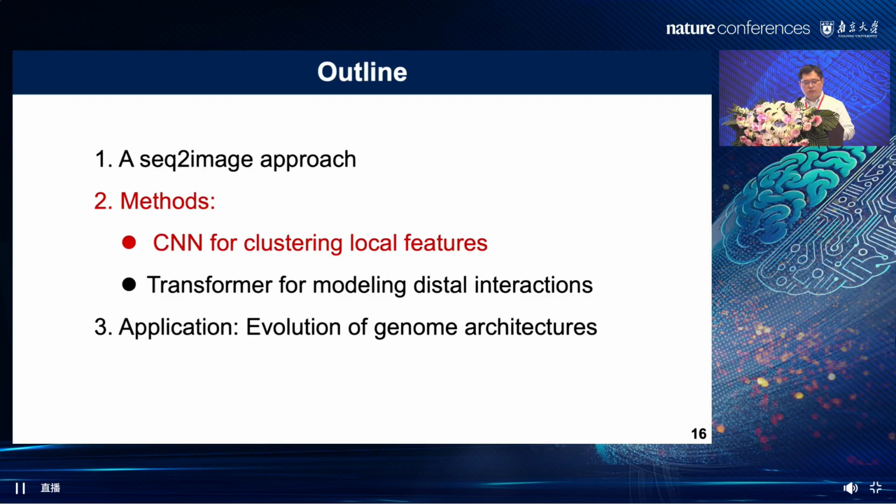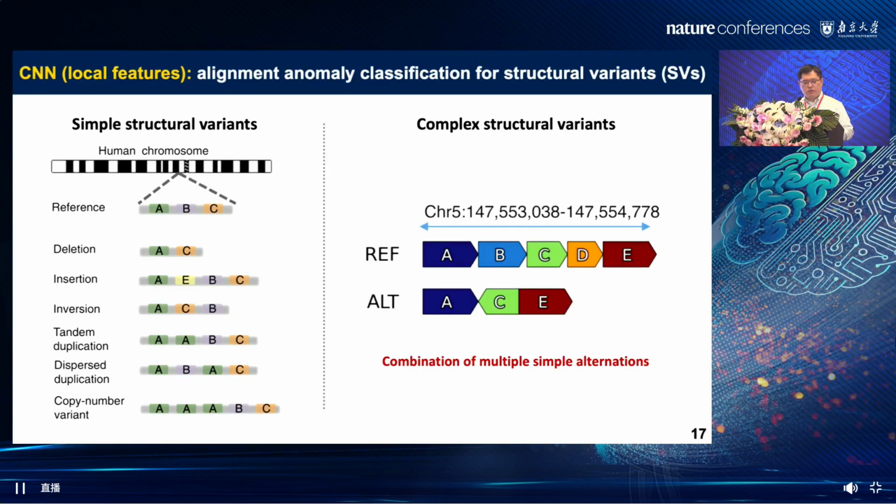The first thing is that we use CNN to cluster local features. In this application, I will use structural variations. Basically, we convert the problem of computing structural variations from the sequence data to the image space, and we classify alignment anomalies.